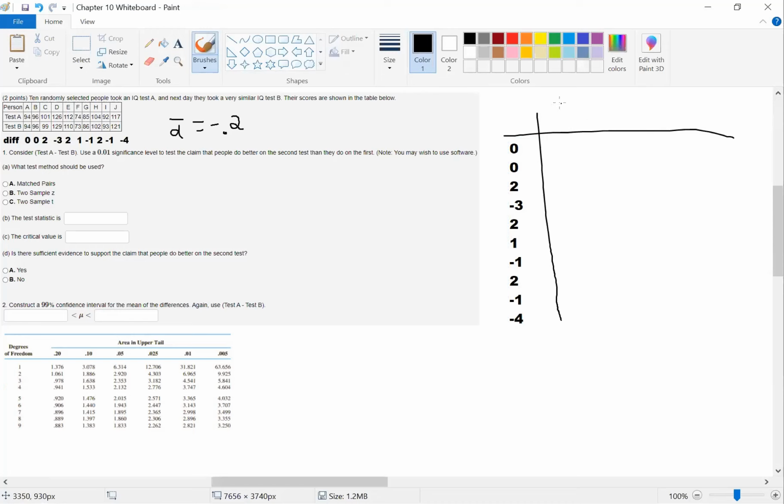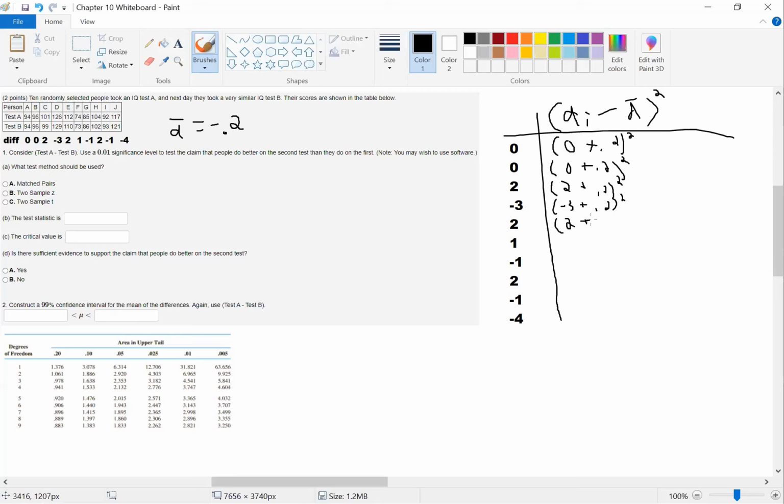And we need to get the squares of the differences. So di minus d bar squared. So here, this will be 0 minus -0.2. So that's the same as plus 0.2. And then we square that. This one's the same thing. Since we have minus and negative, these are all going to be plus 0.2s. And now we have 2 plus 0.2, -3 plus 0.2, and so on.